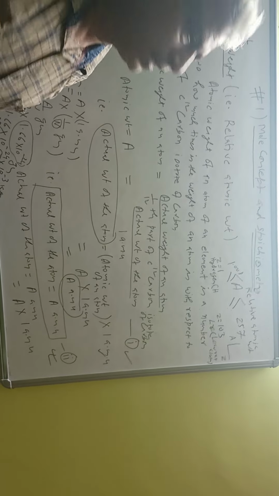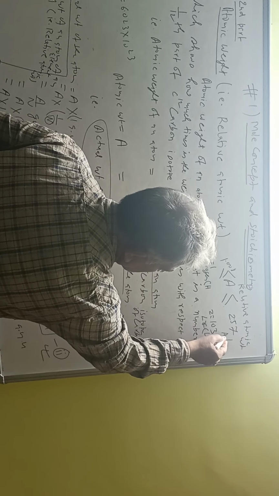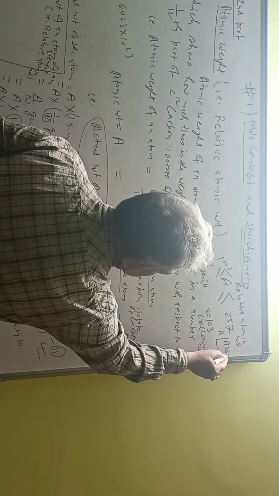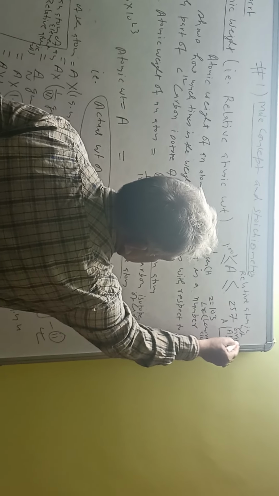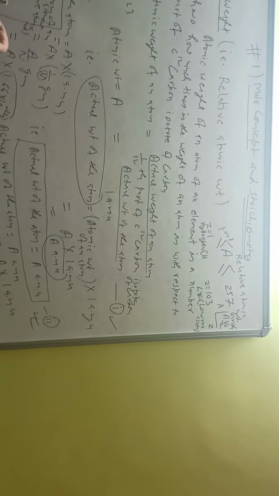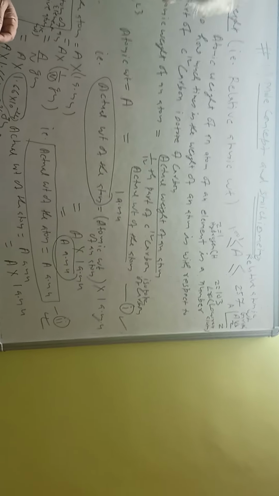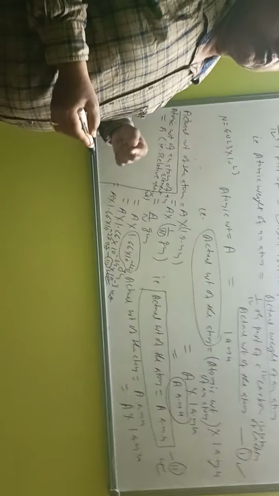Now draw the graph A versus Z, horizontally atomic number and vertically relative atomic weight. So try your best. This is the second question, and the first question was to find the actual atomic weight of the gold atom.